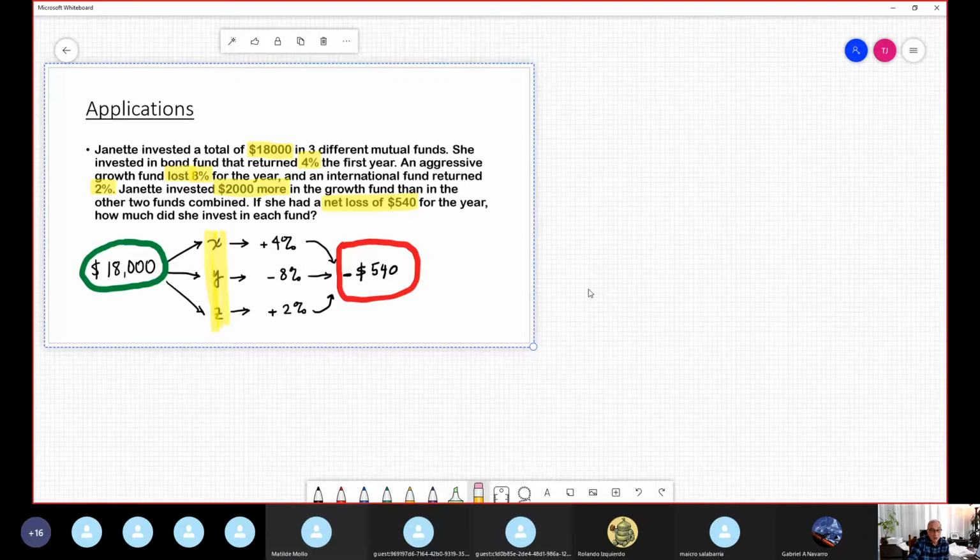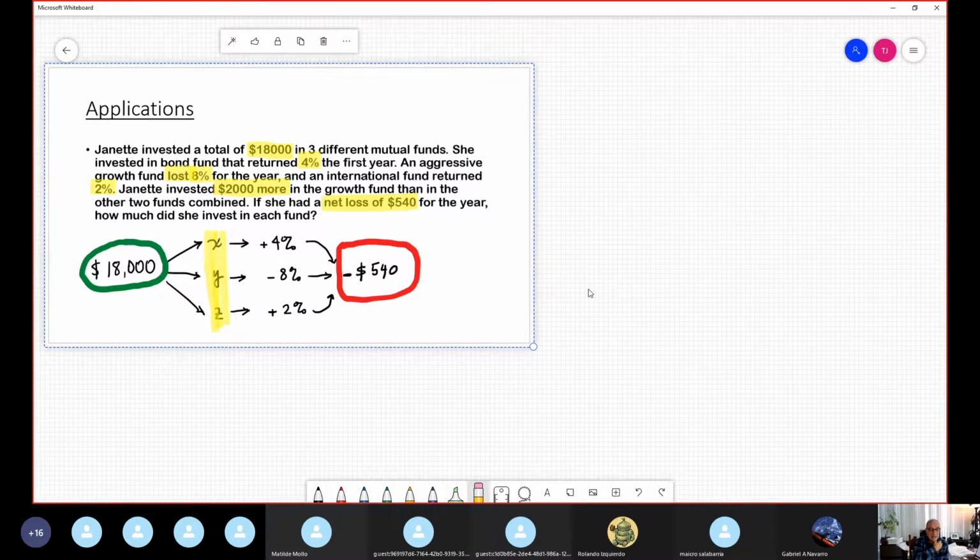She invested $2,000 more in the growth fund than the other two combined, that is, added together. And she has a net loss, so again the word loss indicates negative money, $540 for a year. How much did she invest in each fund?